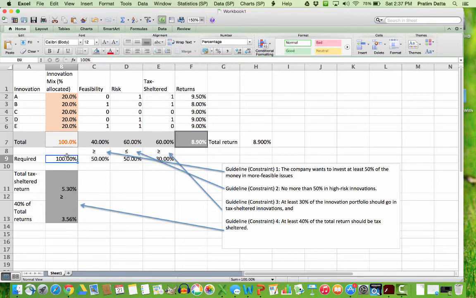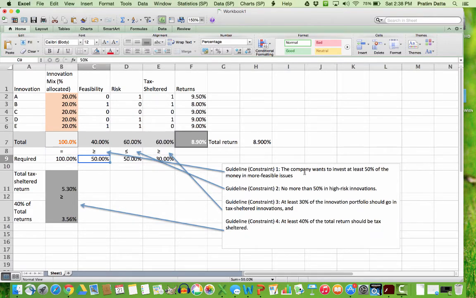Now, of course, here are some of the constraints. Firstly, your portfolio has to balance out. Therefore, all the percentages together should be equal to, not less than or equal to, but equal to 100%, right?